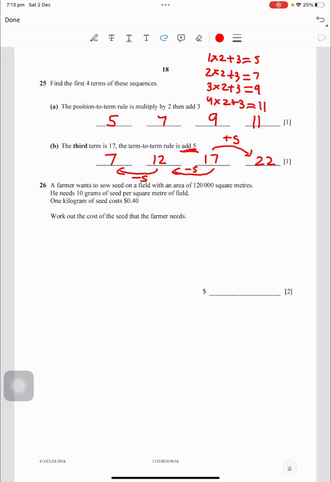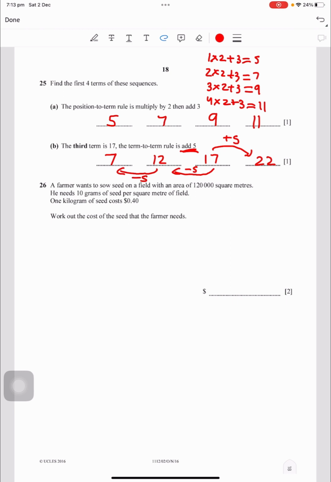Next, a farmer wants to sow seed on a field with an area of 120,000 square meters. He needs 10 grams of seed per square meter of field. 1 kilogram of seed costs $0.40. So work out the cost of the seed that the farmer needs.